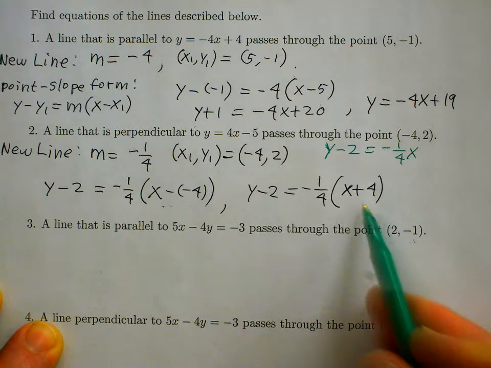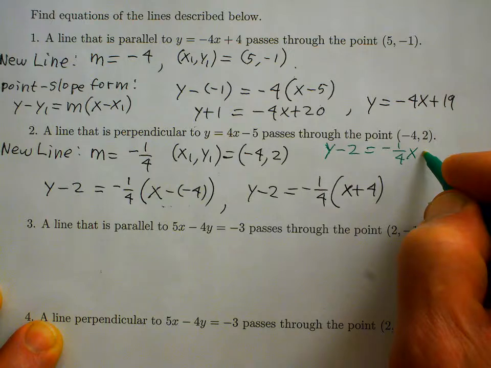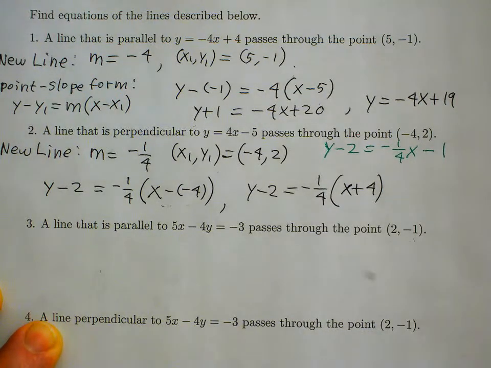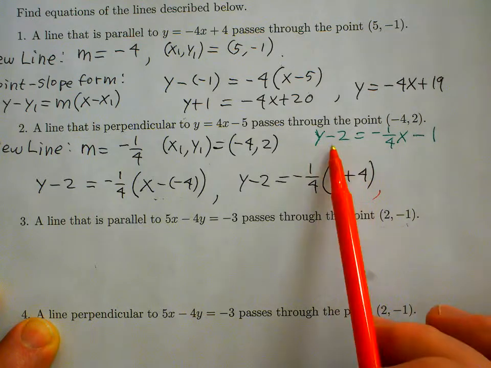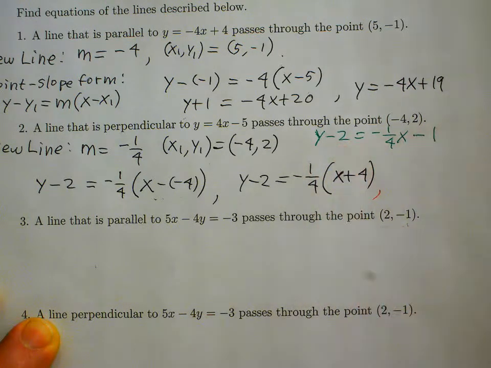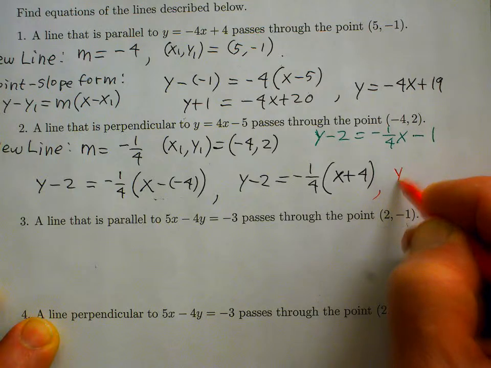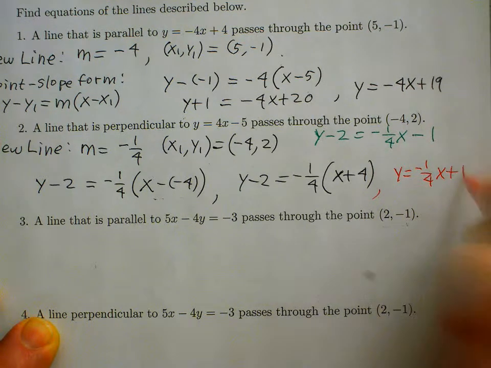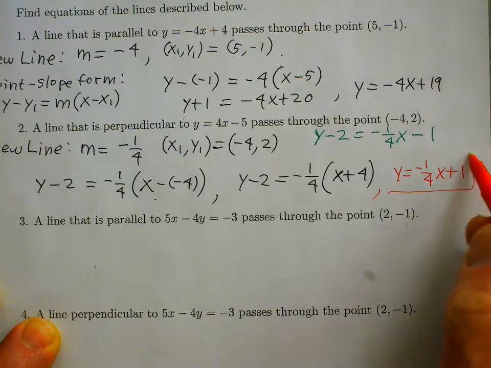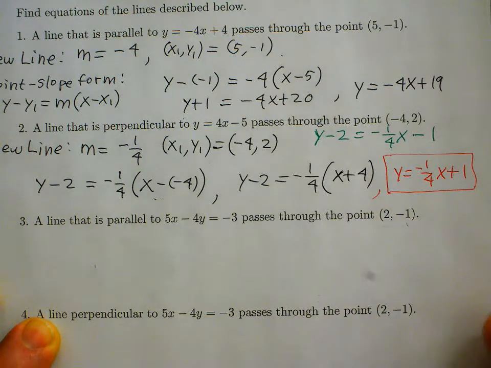So if we add -1, that's equivalent to subtracting 1. And then if we want the slope-intercept form, we add 2 to both sides. So we get y equals -1/4 x plus 1. That's the slope-intercept form.